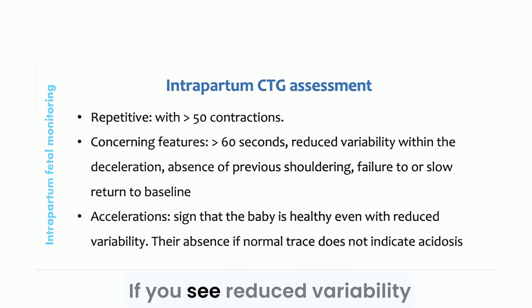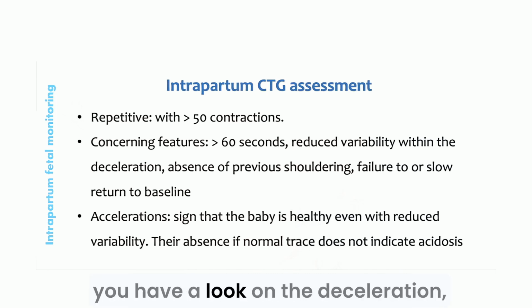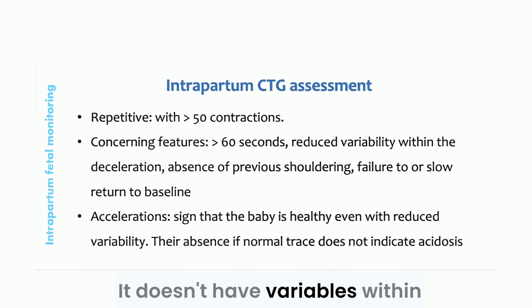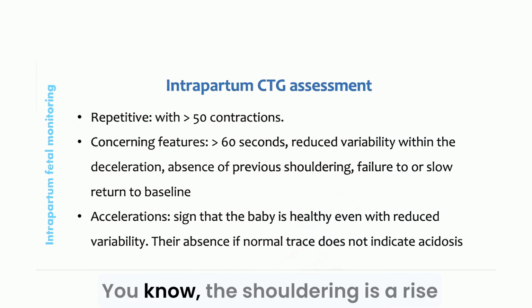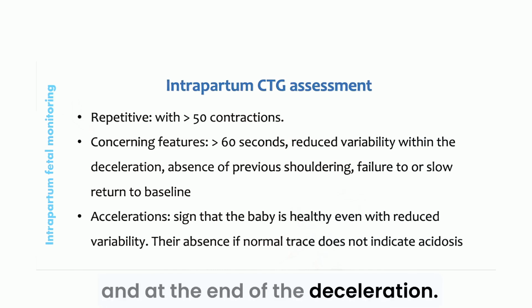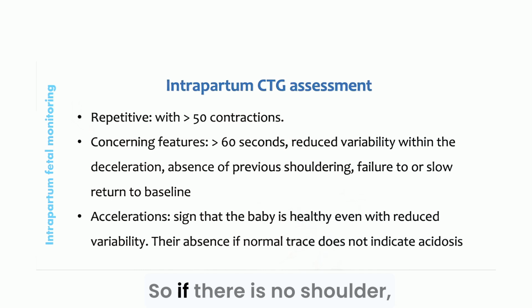If you see reduced variability within the deceleration itself, when you have a look at the deceleration, it's pretty smooth. It doesn't have variability within the duration of the deceleration. That's another concerning feature. Absence of shouldering; the shouldering is a rise in the heart rate at the beginning and at the end of the deceleration. I will show you that in a minute. If there is shouldering, it is a good sign because accelerations are always a good sign.